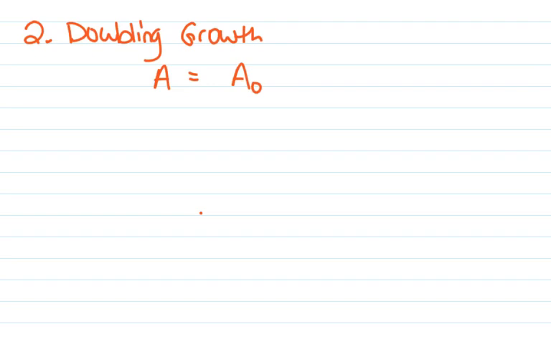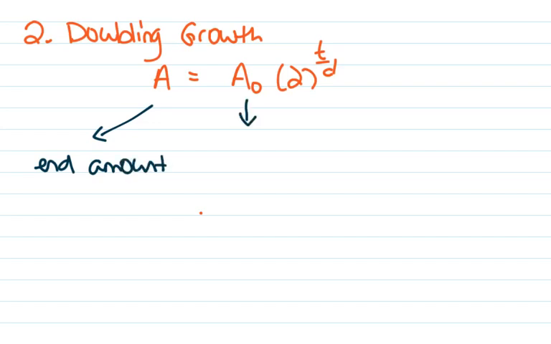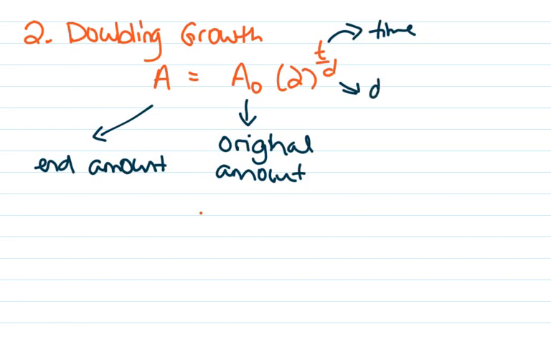The second one is doubling growth. And that one is A equals A0 times 2 to the power of t over d, where A is the end amount, A0 is the original or initial amount, t is the time, and d is the doubling period.